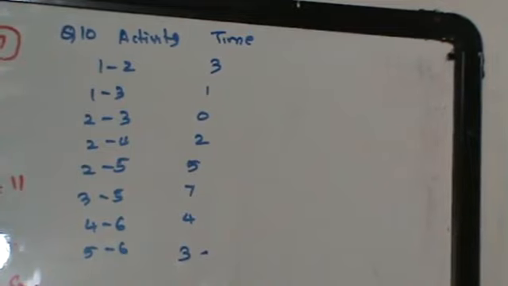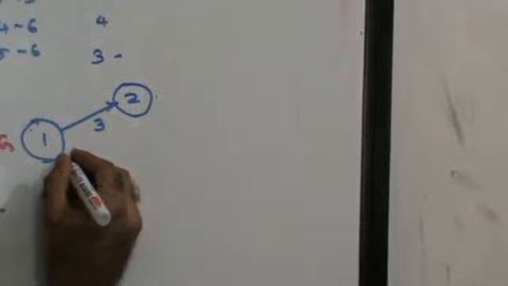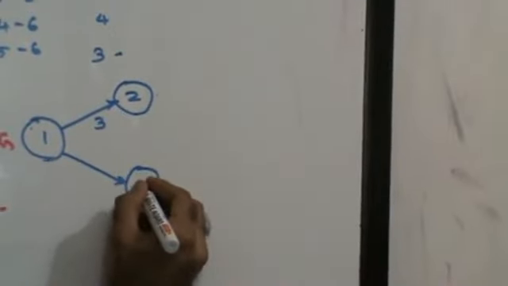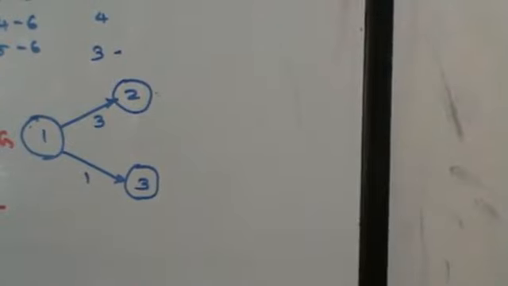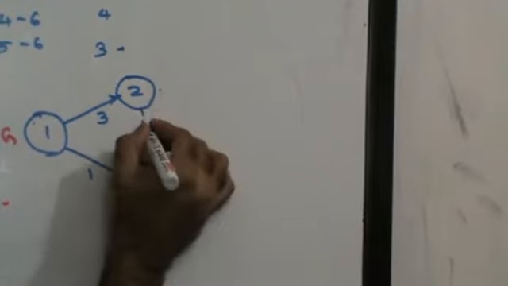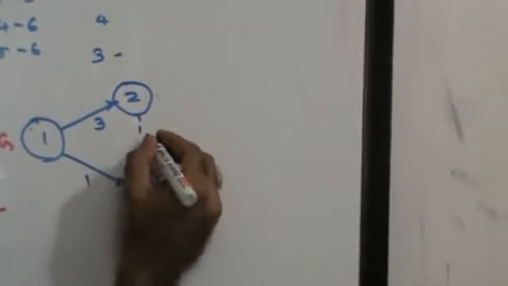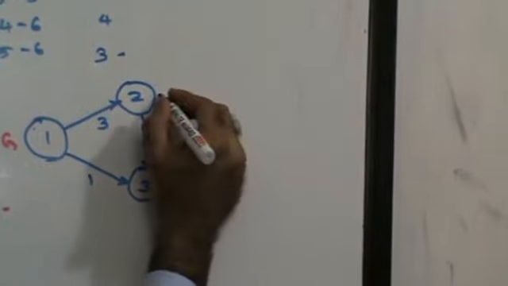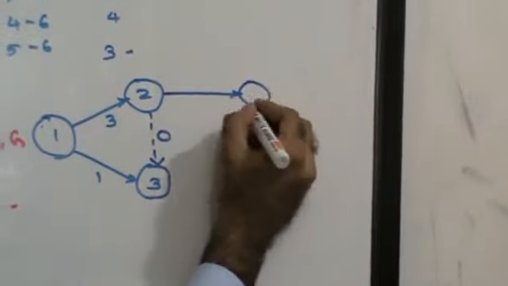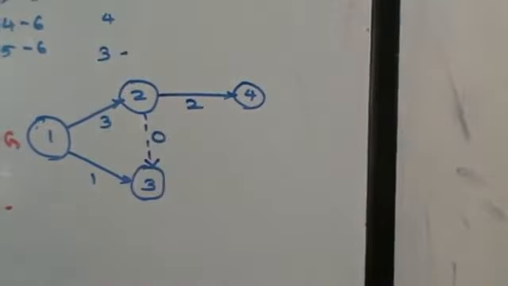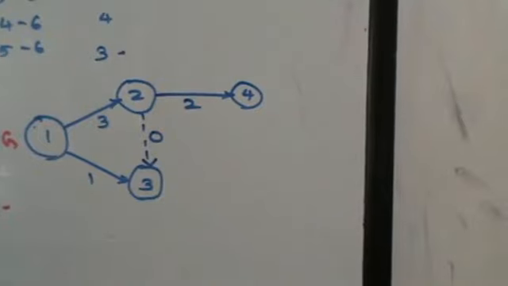From 1 I have 2, which is of 3 days. From 1 I have 3, which is of 1 day. Right? From 2 I have 3, which is of 0 days. If it is 0 days, that means this has to be a dummy activity. From 2 I have 4, which is of 2 days.